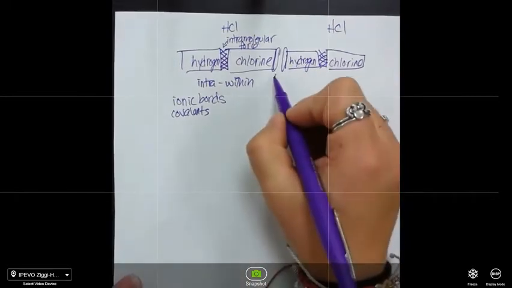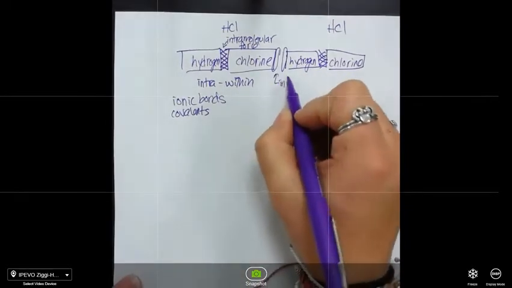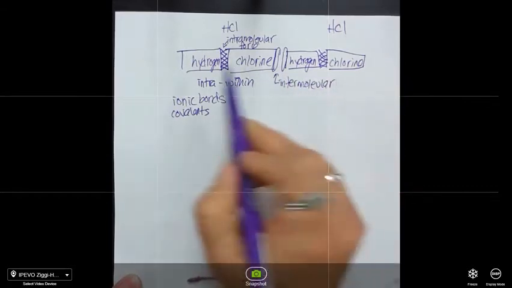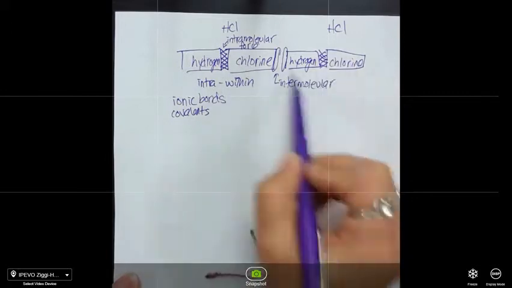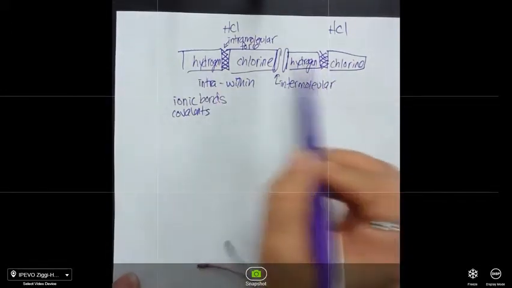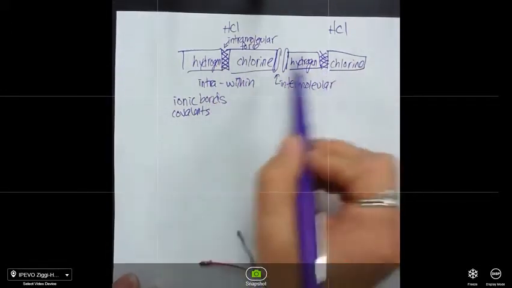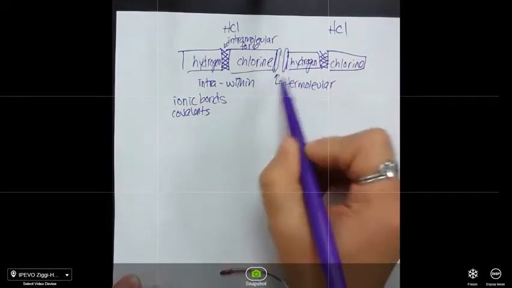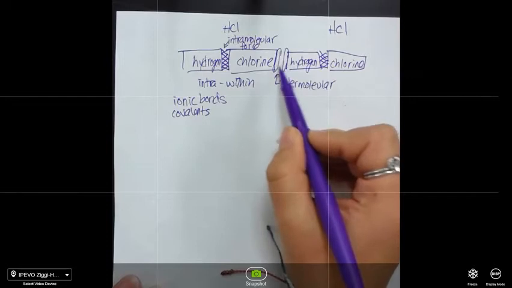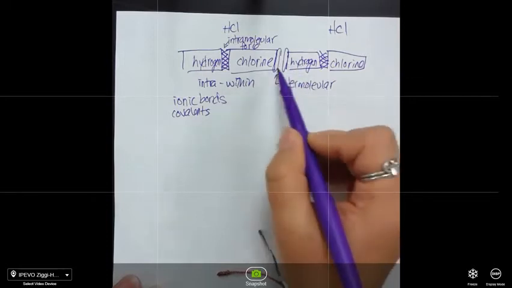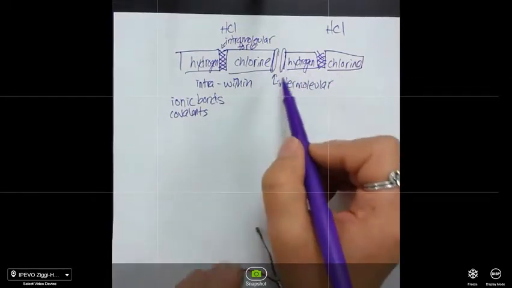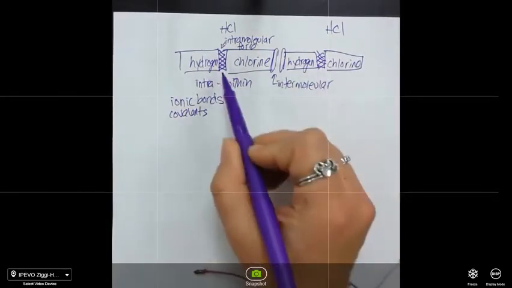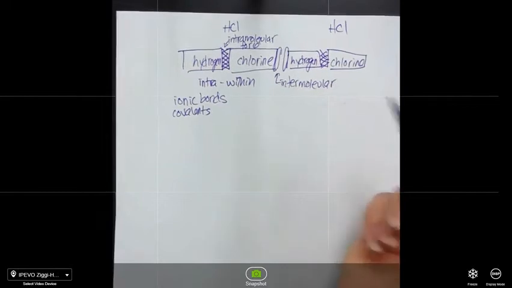Well, this would be like representing the intermolecular force, right? The force between these two sets of molecules. These sewn together towels are like molecules. So the intermolecular, you have these two pieces of Velcro. Now the thing with the Velcro is you can put them together, but you can also take them apart. Whereas these things that are sewn together, they're going to be a lot harder to take apart.